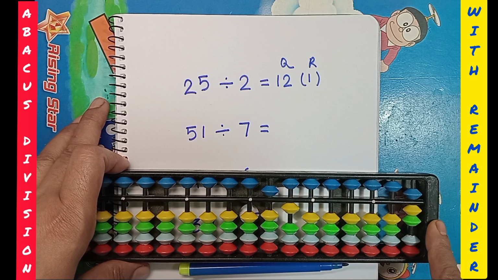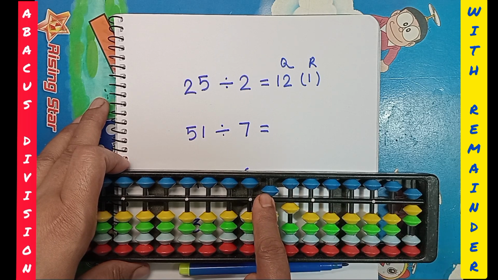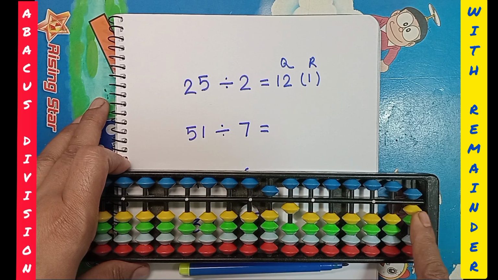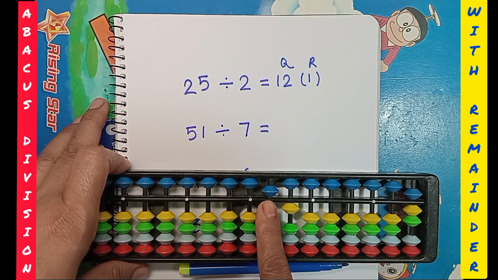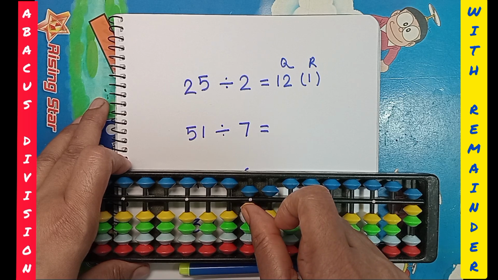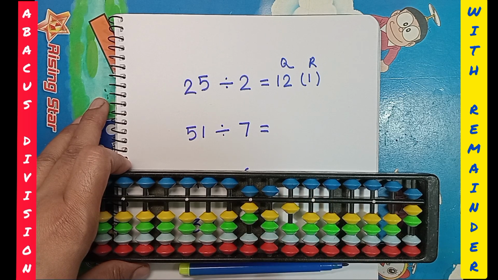5 is not divisible by 7. So we need to consider two rods. 5 and 1, 51. 51 is not divisible by 7, but we can get the nearest answer. 7 times 7, 49. This time we will not jump any rod because we consider two rods and the divisor is a single digit. 7 times 7, 5, 6, 7, 49.